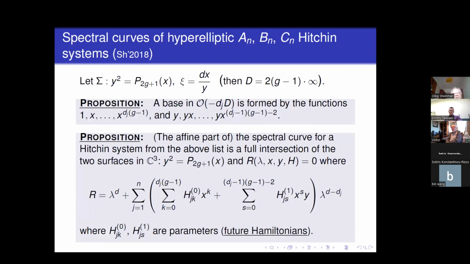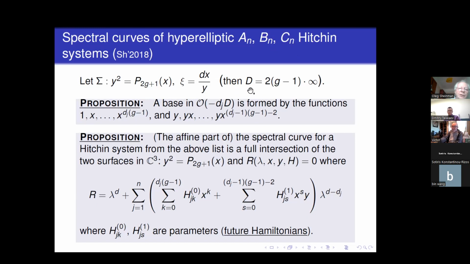The easiest case is the class of hyperelliptic curves, and just for simplicity, I consider only A, B and C root systems for structure groups, and don't speak now about Dn and exceptional systems. So we take a hyperelliptic curve and natural holomorphic differential psi.